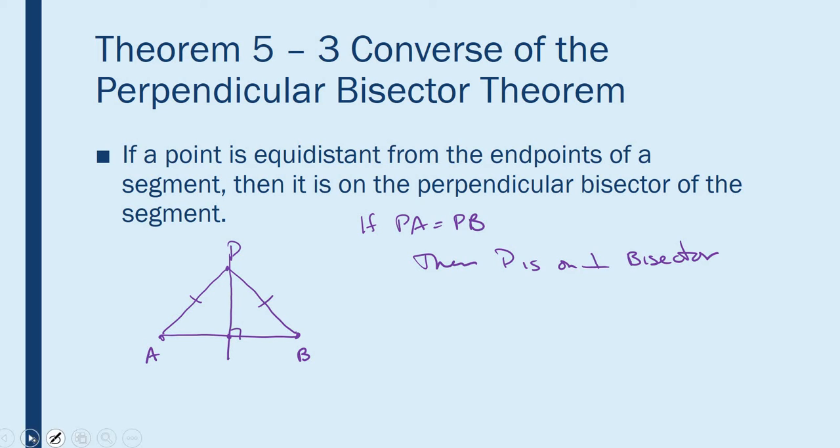So what are we going to do with this? Let's say that I give you a triangle or a drawing, and I tell you that B is perpendicular to AC and that AM is equal to CM. And then I tell you that BC equals 4x and BA is 6x minus 10.